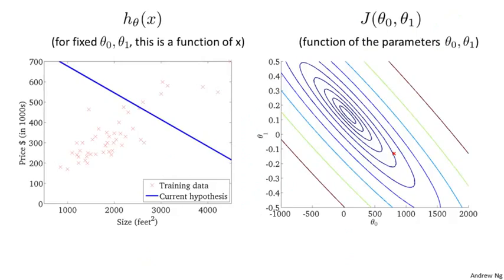So here's an example of a contour figure shown on the right, where the axes are theta 0 and theta 1. And what each of these ovals, what each of these ellipses shows is a set of points that takes on the same value for j of theta 0, theta 1. So concretely, for example, let's take that point and that point and that point.